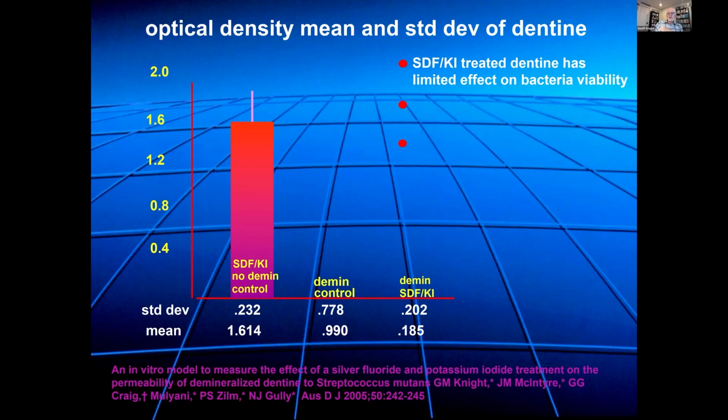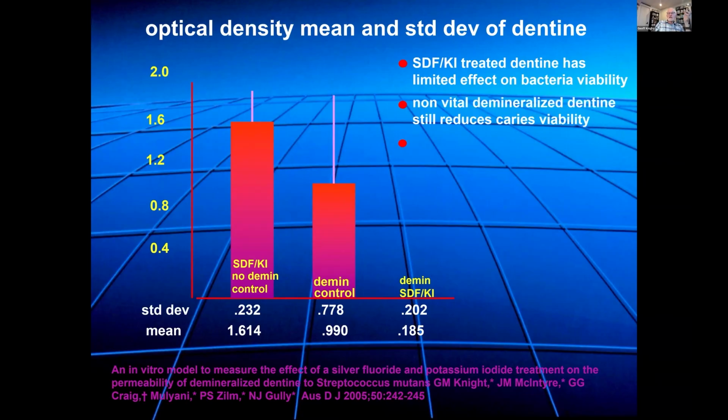Now you've got the demineralized dentine control. These were demineralized, and this is non-vital dentine, by the way, and then subjected to the chemostat. Now look at that. There's something in the non-mineralized dentine that still reduces bacterial viability.